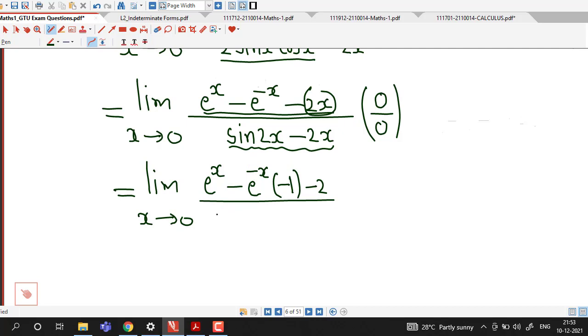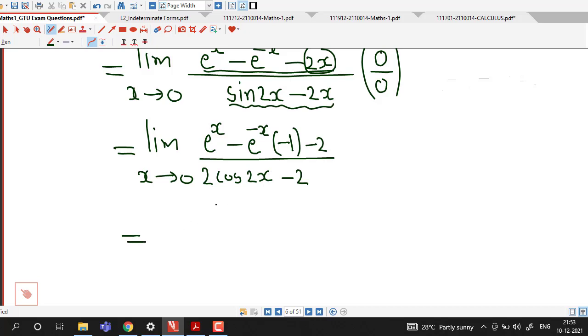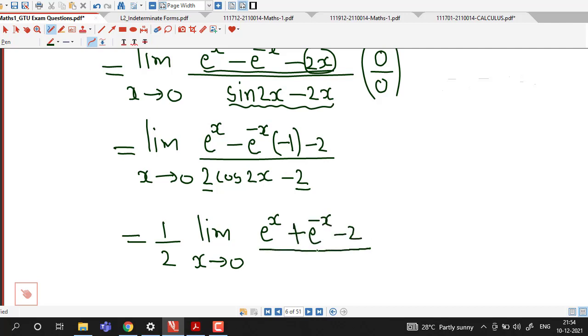The derivative of sin 2x is cos 2x into the derivative of 2x, which is 2, minus the derivative of 2x, which is 2. Now we again rewrite all these things. Here we can take 2 common, so that will be 1/2 that we write outside this limit. We get e^x plus e^(-x) minus 2, divided by, here we have taken 2 common, so we are left with cos 2x minus 1.